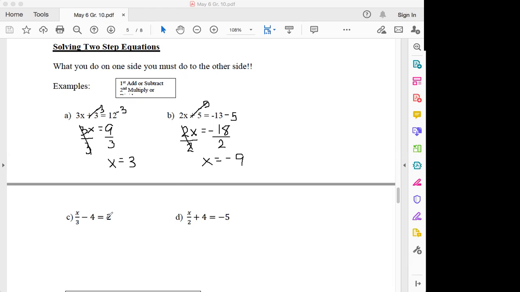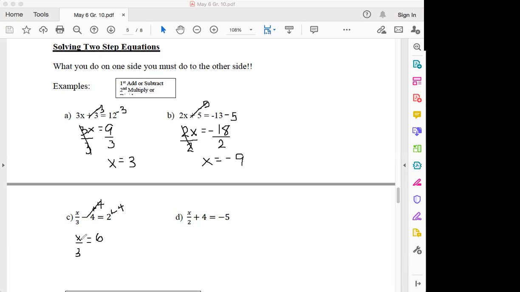We're going to do the same thing here. You need to deal with the subtraction that's here, so we're going to add 4 on both sides. That cancels out, so we're left with x over 3 equals 2 plus 4, which is 6.